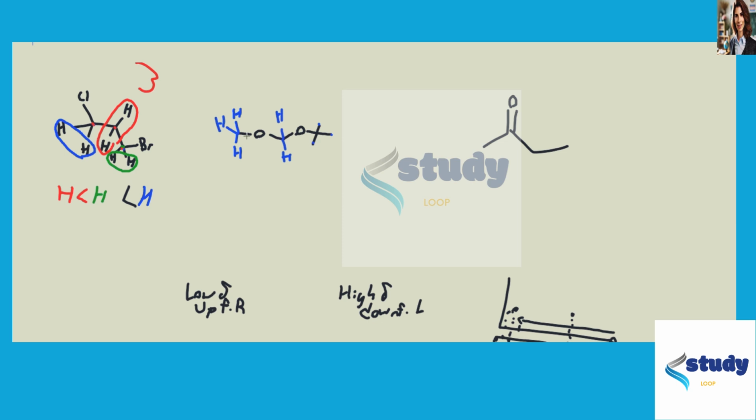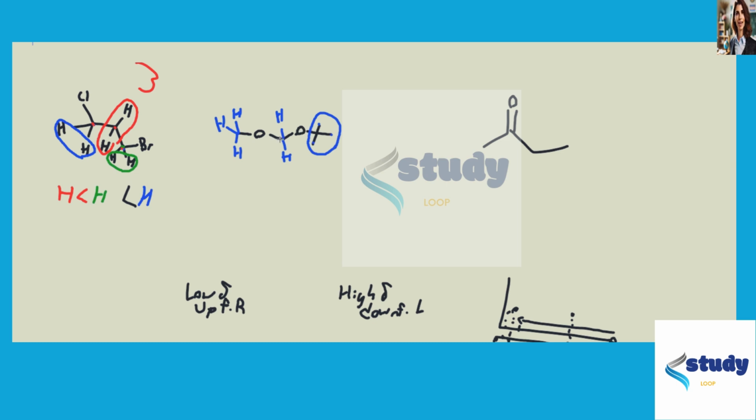But we can imagine, once again, there's an internal plane of symmetry. There are no chiral centers here, so we know that there's not going to be any difference for these CH2 protons like in the previous examples we did. Because this is a sigma bond, it has free rotation and it's achiral with an internal plane of symmetry, so these 9 protons will all exist in the same chemically unique environment.